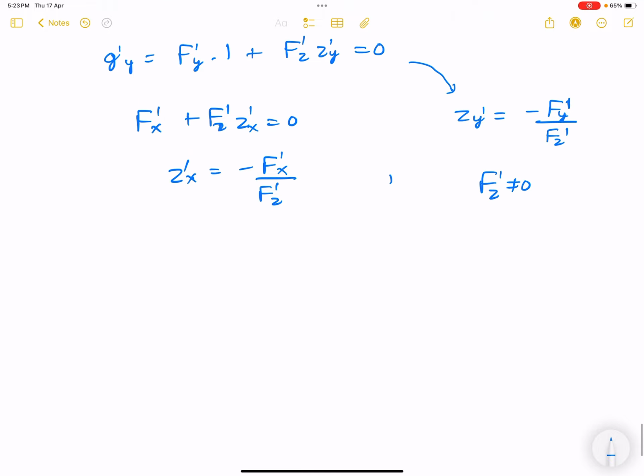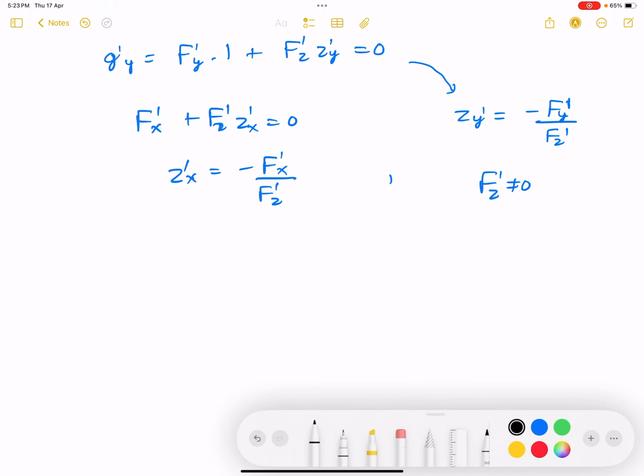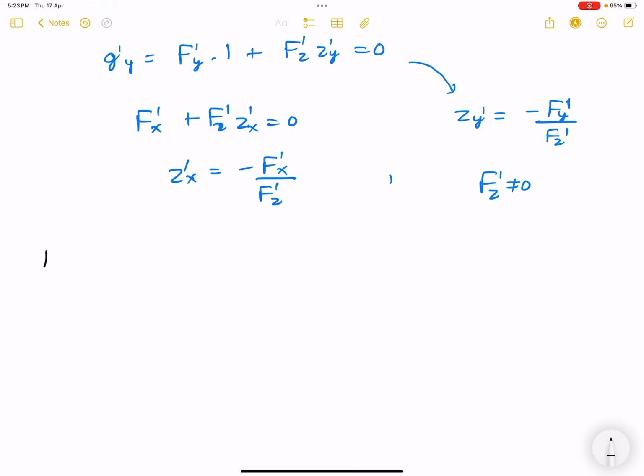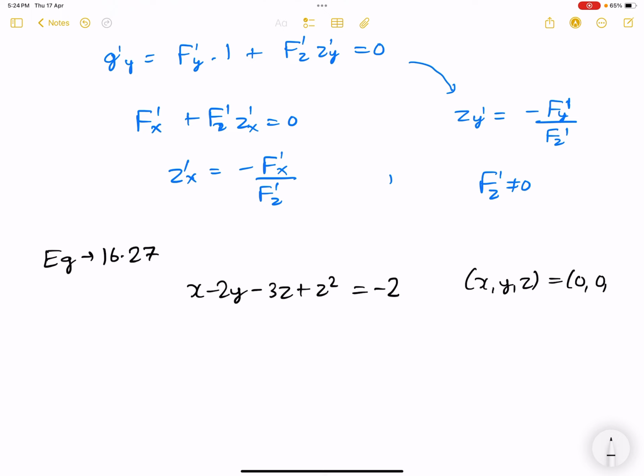Okay, now let's do an example related to this. Example 16.27. The equation is x minus 2y minus 3z plus z square equals minus 2. We are supposed to find it at x, y, z equals 0, 0, 2.